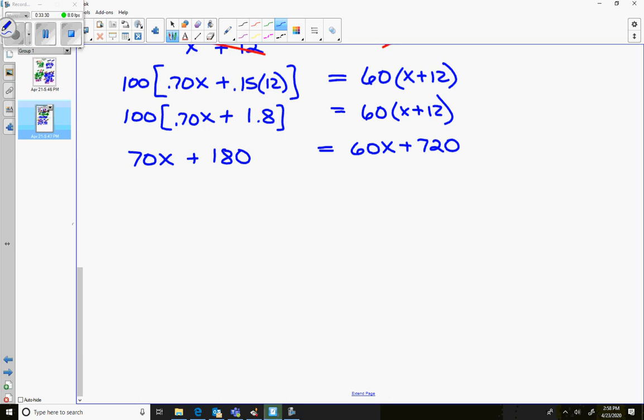And get your x's on one side of the equal sign. Move your constants to the other side.